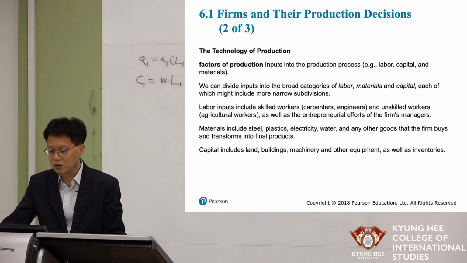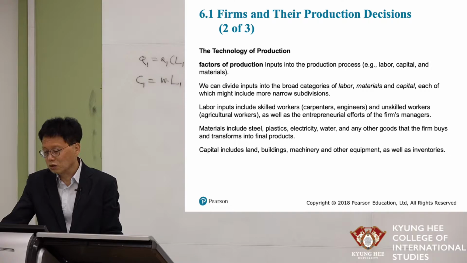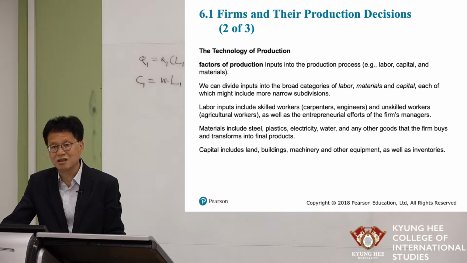For example, labor can be subclassified like this: skilled workers and unskilled workers. Skilled workers, carpenters, engineers, and unskilled workers. Also, skilled workers can be subcategorized by, for example, scientists and engineers, and experienced workers like this.